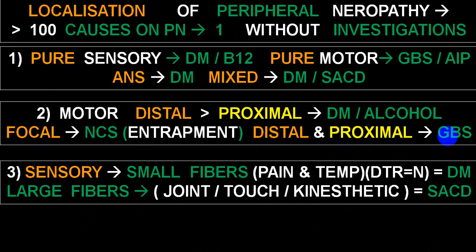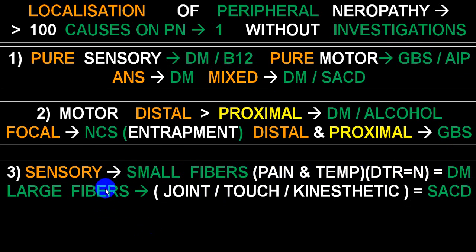If the sensory system is mainly involved, we call it more of sensory. We have already told you that you suspect diabetes and B12 deficiency, that is subacute combined degeneration. So now we divide that sensory into small fibers getting involved. Small fibers means pain and temperature getting involved, and deep tendon reflex is normal. So motor is not involved. You suspect diabetes mellitus.